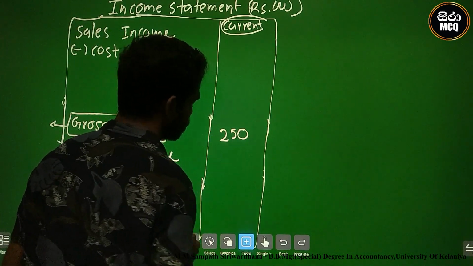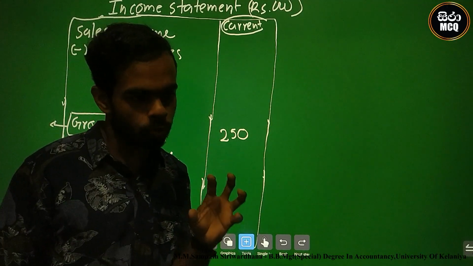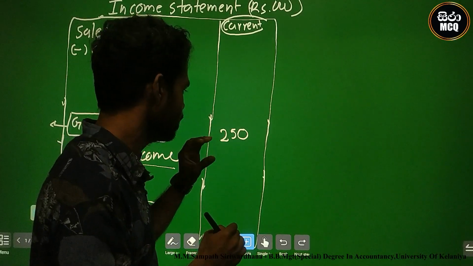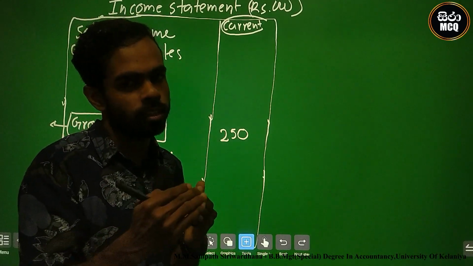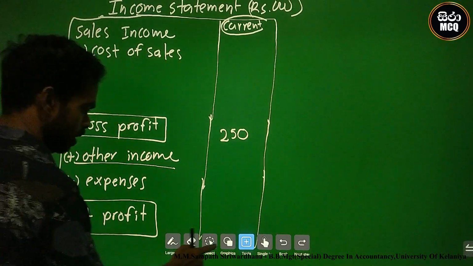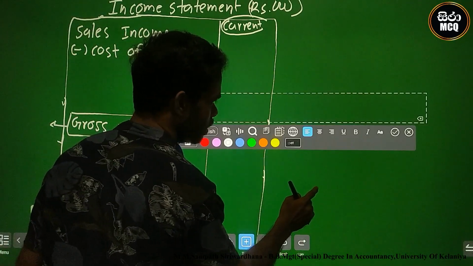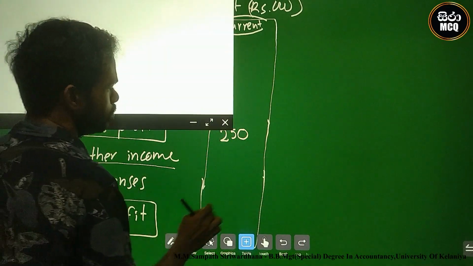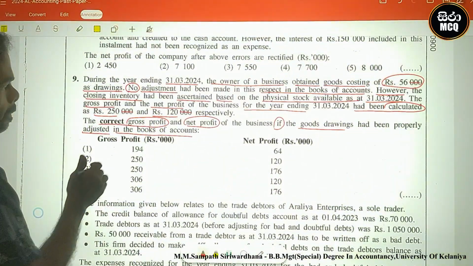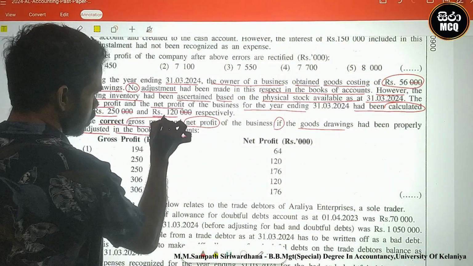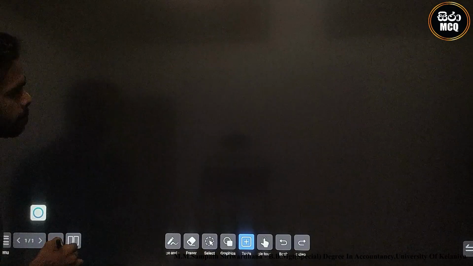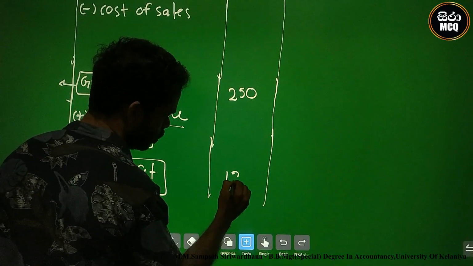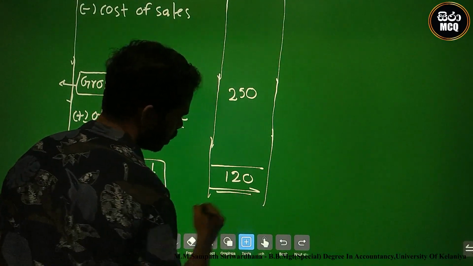This is the current situation, before adjusting the goods drawing. Then the net profit is 120. This is the final result.